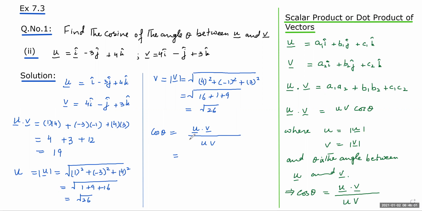Just put in the values. u dot v is 19, and |u| is equal to square root of 26, |v| is equal to square root of 26. So as a result, I get square root of 26 times square root of 26, which you may write as 26. So this is the answer. Cos theta is equal to 19 by 26. That completes the solution.